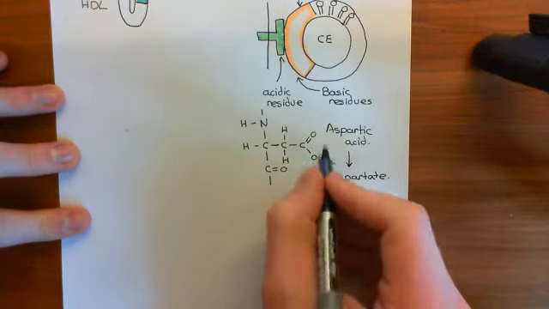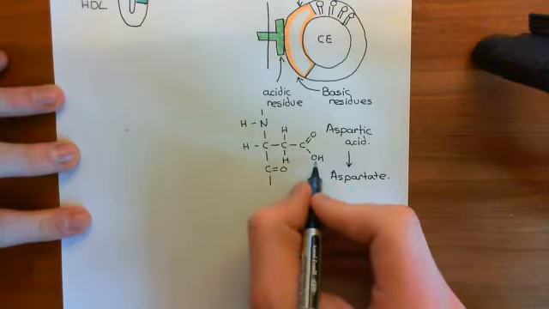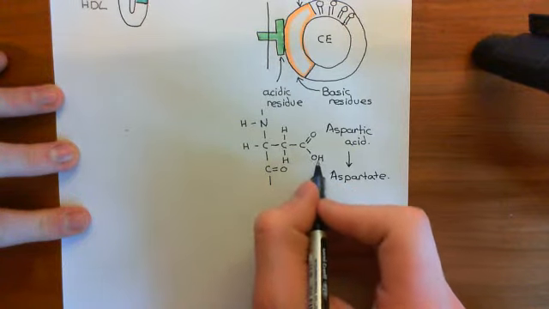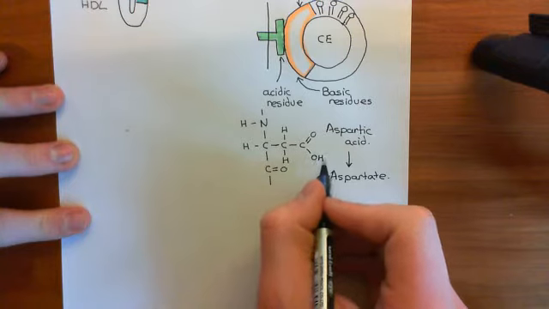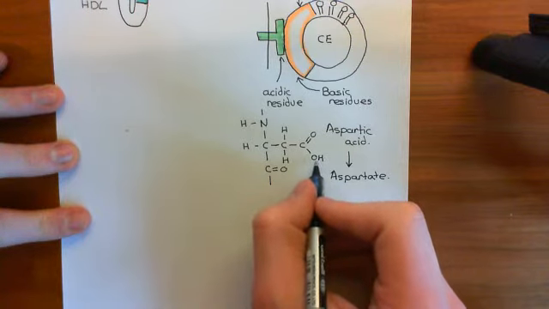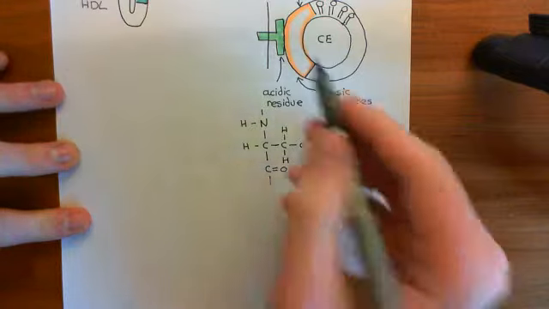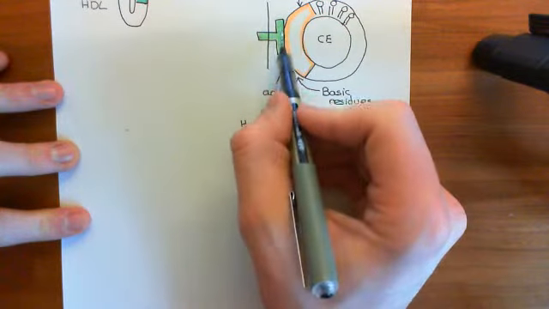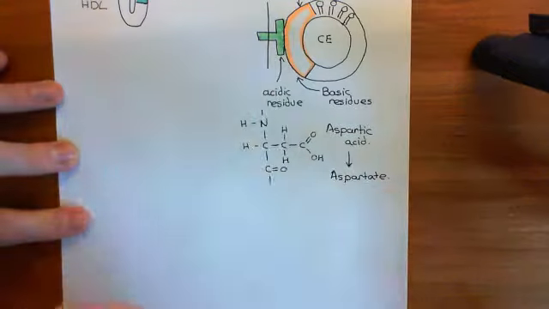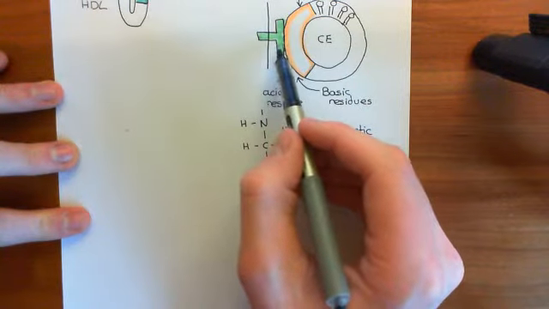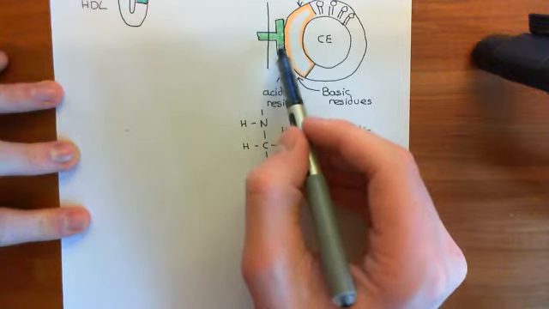And remember, it's called a conjugate base because it's no longer an acid, because it can't donate protons away anymore. Instead, it's actually a base because it can receive protons onto that negatively charged oxygen. Okay, right, so a good fraction of the acidic residues which are in this type A repeat domain of the LDL receptor will be negatively charged because they'll have lost their protons, and the others will just be neutral.